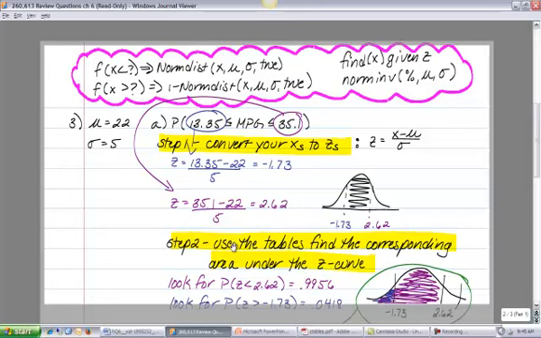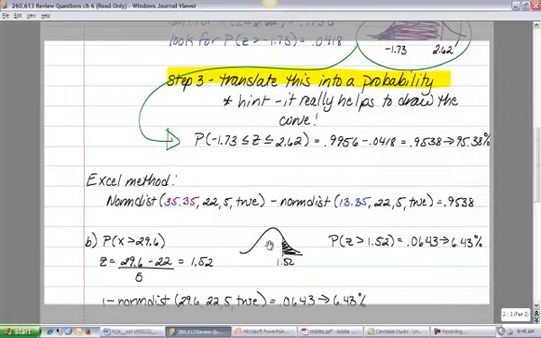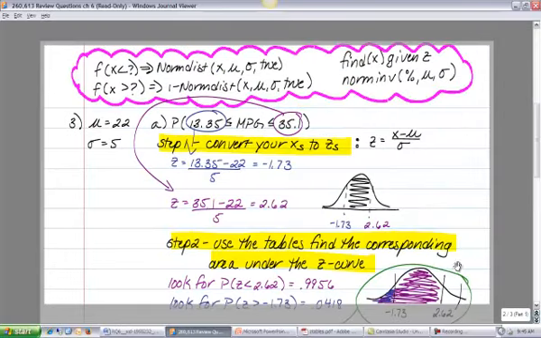Then step 2, use the tables to find the area under the z curve. Okay, so we can see how I've drawn this out here. I'm looking for the probability that z is less than or equal to 2.62.